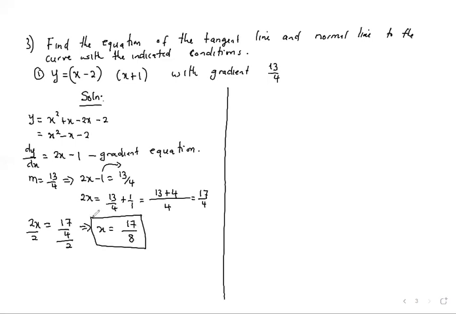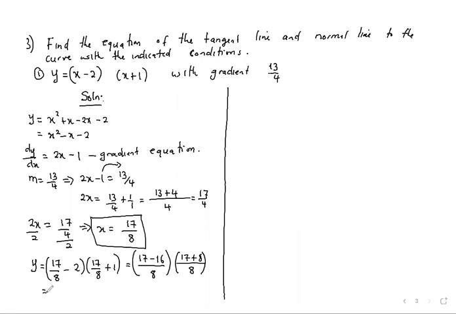This value of x substituted in the original function, y is going to be (17 over 8 minus 2) and (17 over 8 plus 1). This will give us 8 down for the first one: we'll get 17 minus 16. And for the second one, we'll get 17 plus 8 over 8.